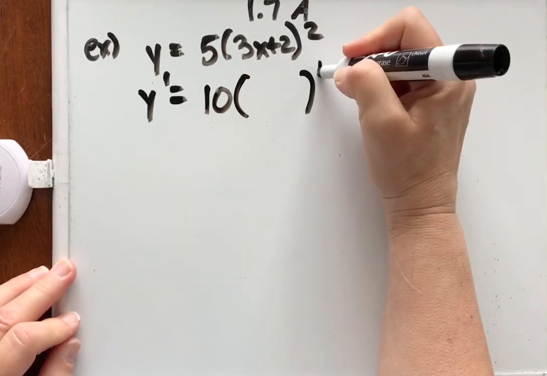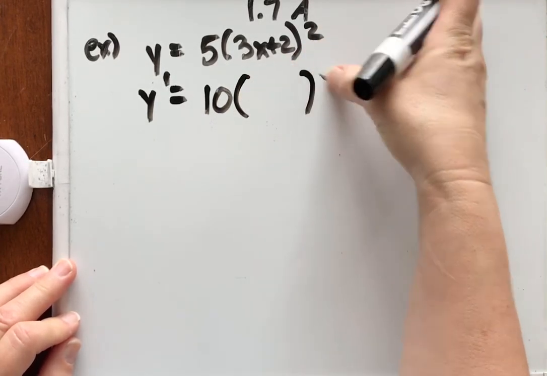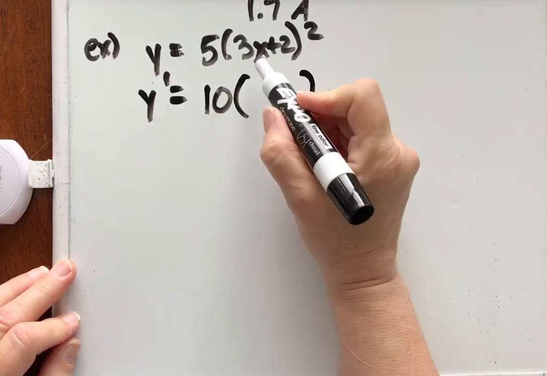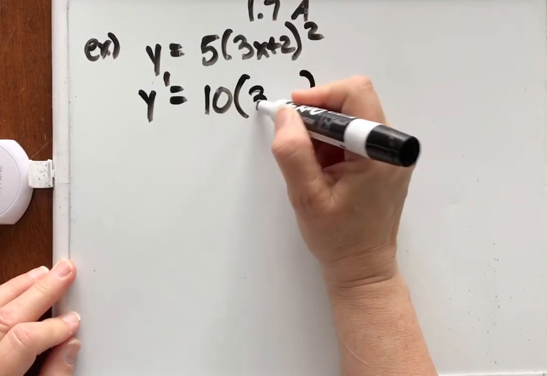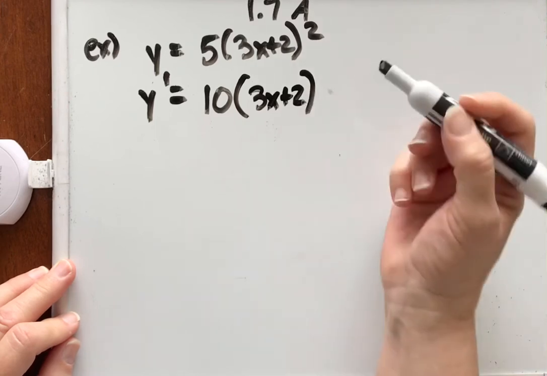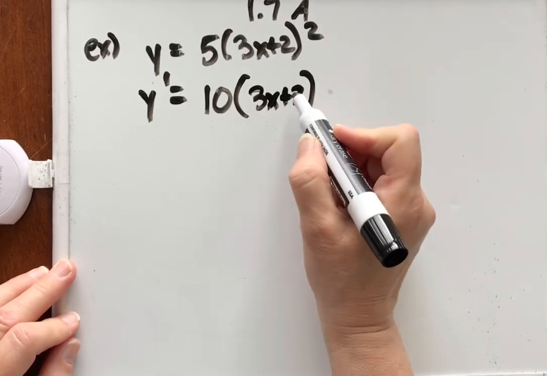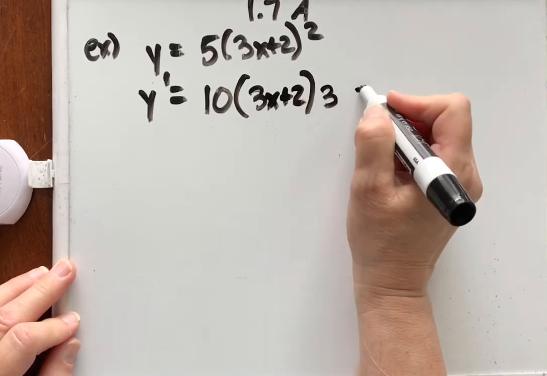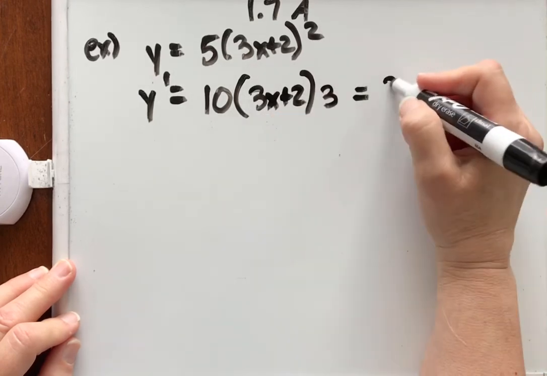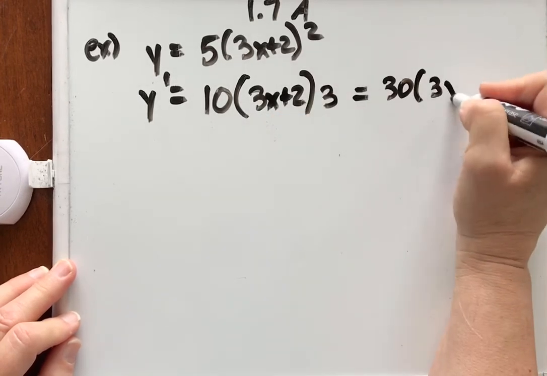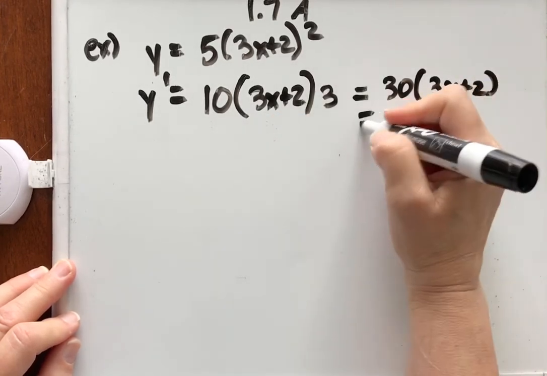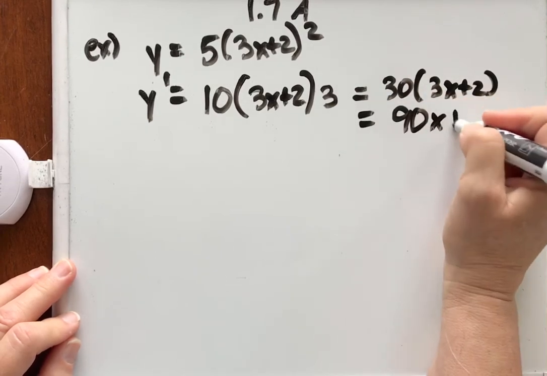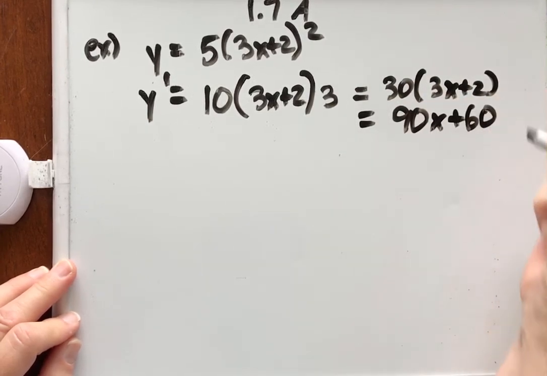So that would be a 1 there, but we don't write it. We don't need to because it's just a 1. We rewrite 3x plus 2. And then take the derivative of the inside, which is just 3. 3 times 10 is 30 times (3x plus 2), which is 90x plus 60.